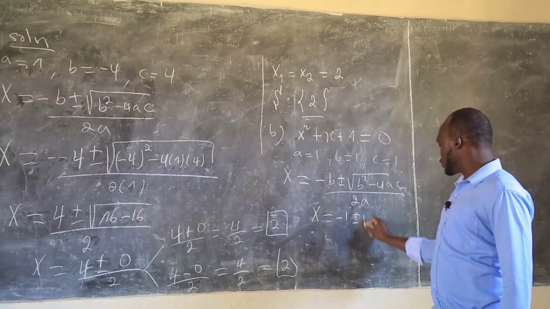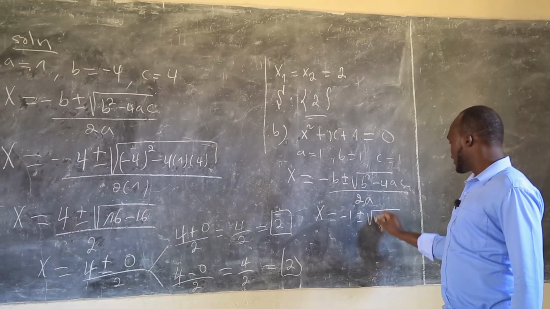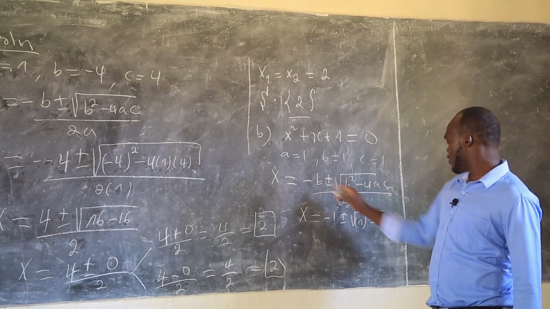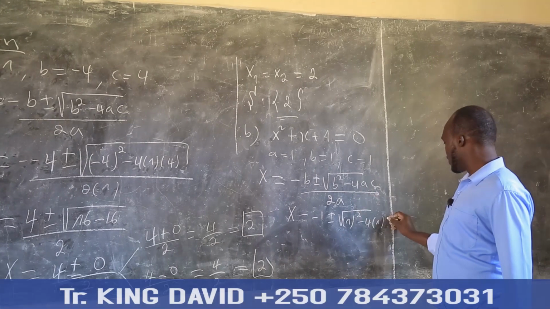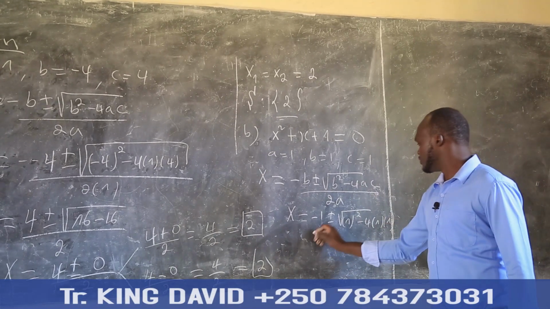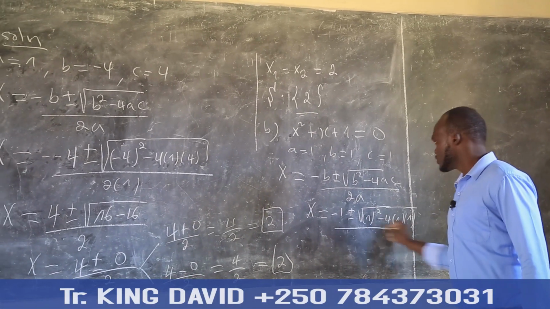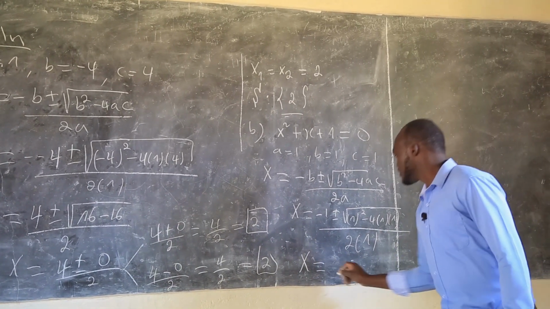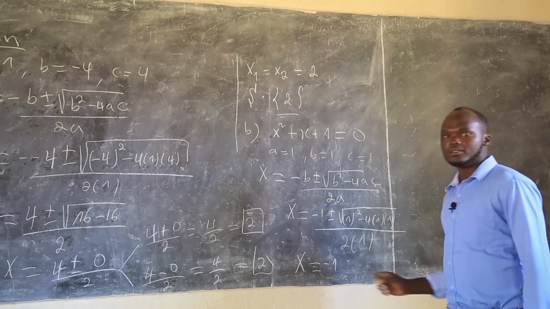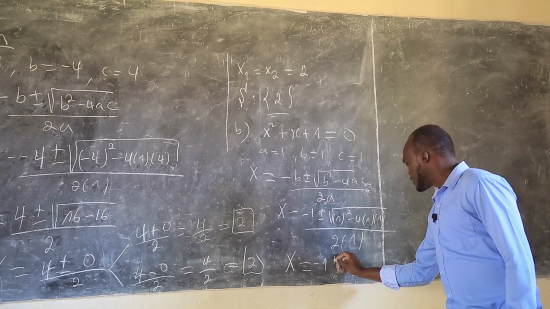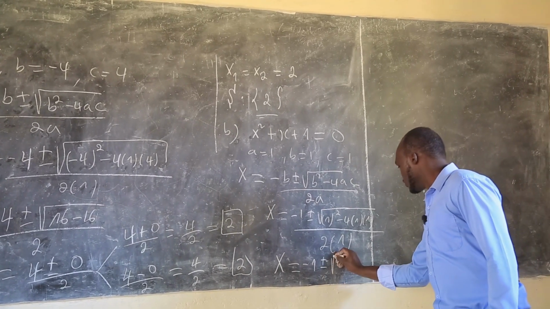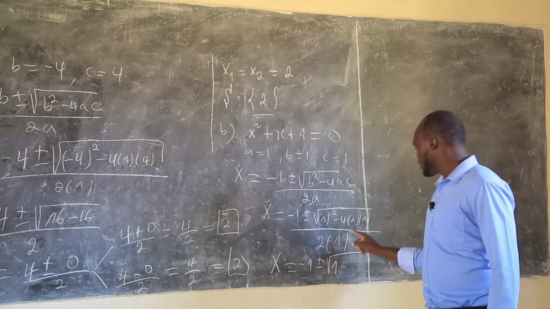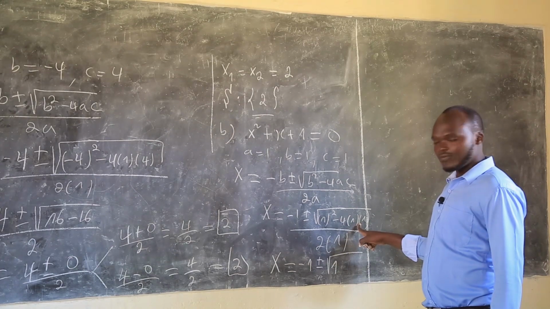plus or minus root of 1 squared minus 4 times 1 times 1, divided by 2 times 1. So here x is negative 1 plus or minus the square root of 1 squared, which is 1, minus 4 times 1, which is 4.